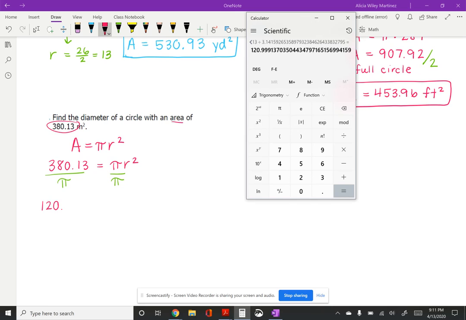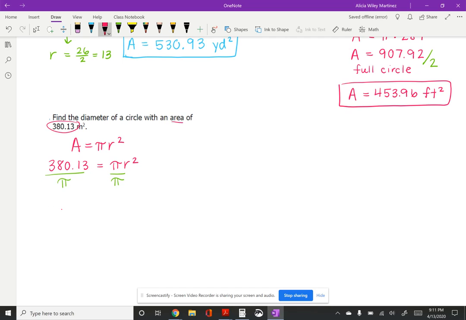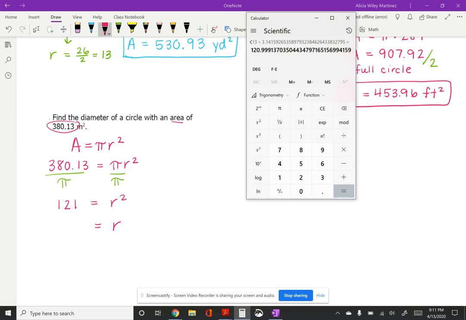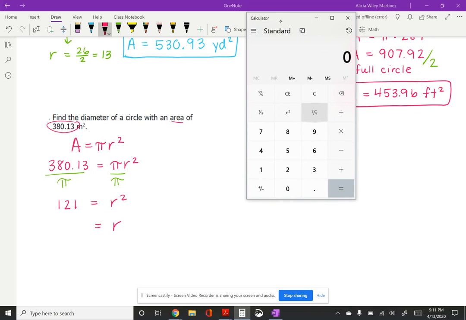So let's just say it's 121, I guess. Okay, so then what you're going to do is you're going to square root both sides. So take that and square root it. I don't know where my square root button went. Go back to standard. 121 square root, it's 11.